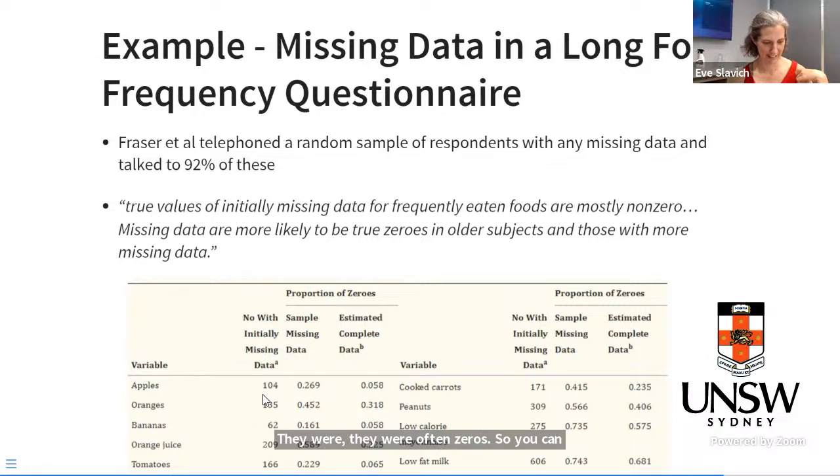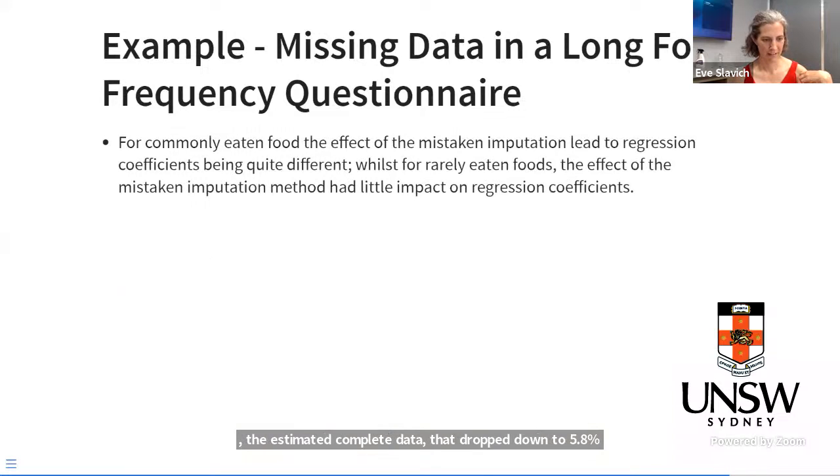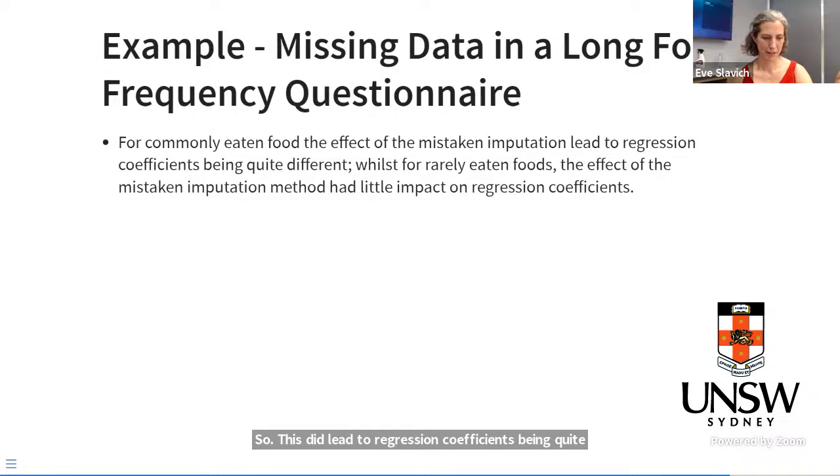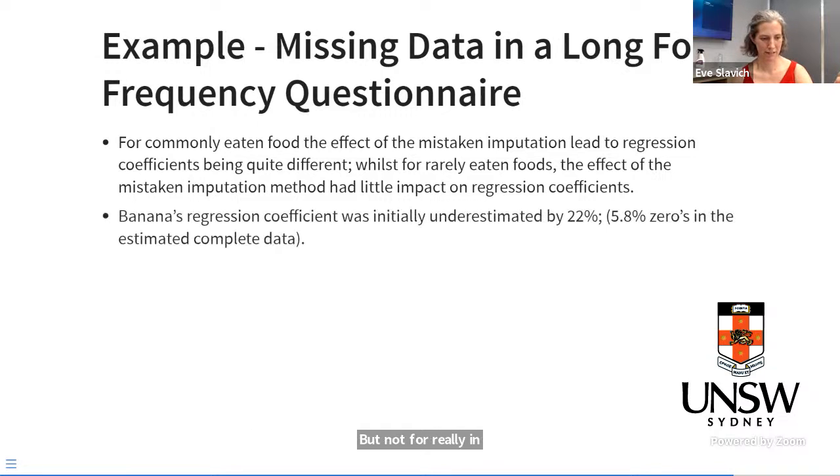So you can see here the proportion of zeros. In the sample missing data, they initially estimated that 16% of people didn't eat bananas. But in the estimated complete data, that dropped down to 5.8%. So this did lead to regression coefficients being quite different for commonly eaten foods, but not for rarely eaten foods.